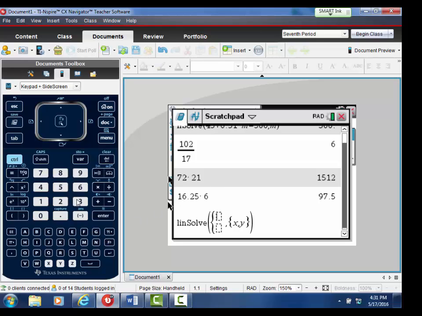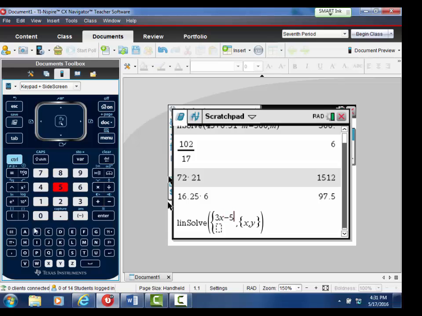So we have 3x minus 5y equals 8. And then x equals 2y plus 5.